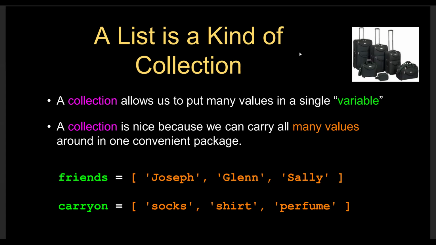Before starting the list, I would like to say in variables we are storing different values in different variables. If I want to store multiple values in a single variable, it is not possible. If you want to store different data types and different values in a single variable, it is not possible in a single element.